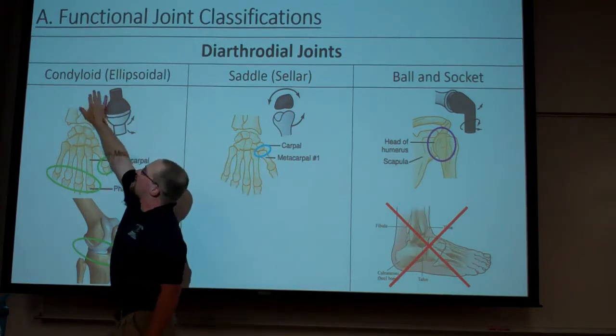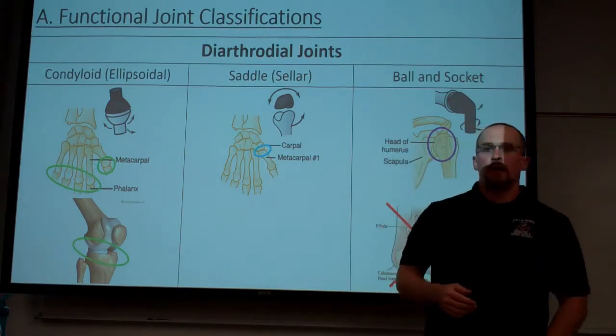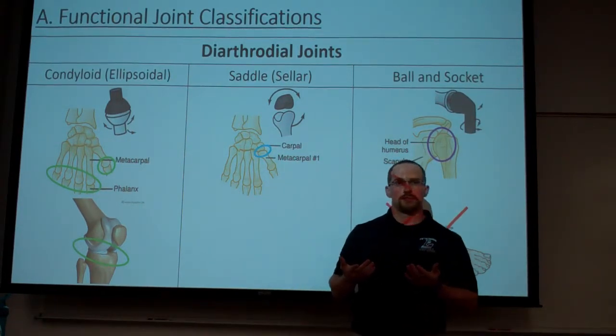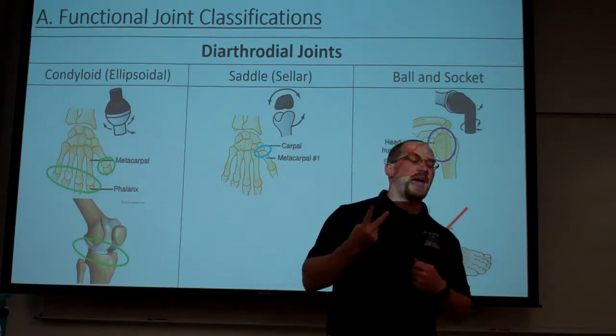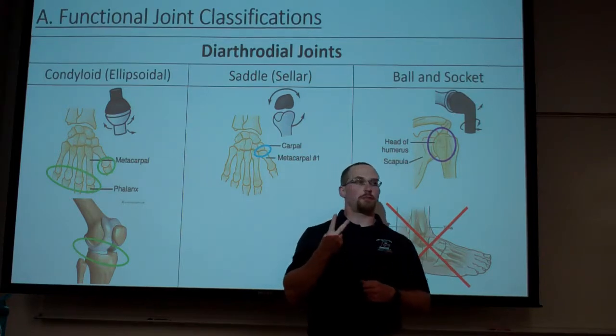Next to condyloid and saddle joint. Condyloid and saddle. These both are biaxial joints. Biaxial means there's two axes of rotation. That means these joints can move in two different planes.